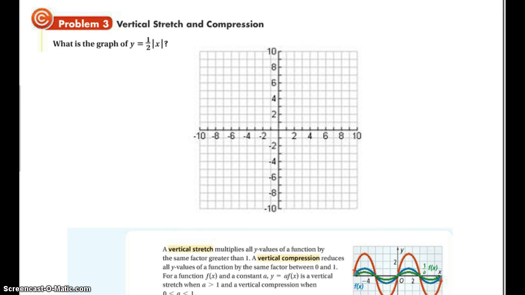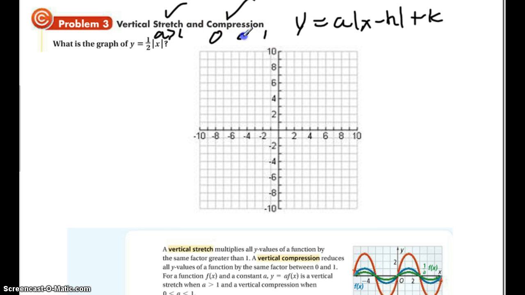Let's take a look at a vertical stretch and compression. Just another quick reminder is that our general form is y equals a times the absolute value of x minus h plus k. And they're just asking about a stretch or a compression. Now remember, a stretch is where a is greater than 1, and a compression is where a is between 0 and 1.